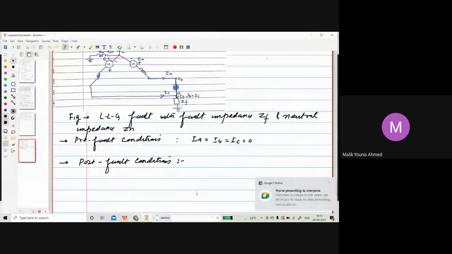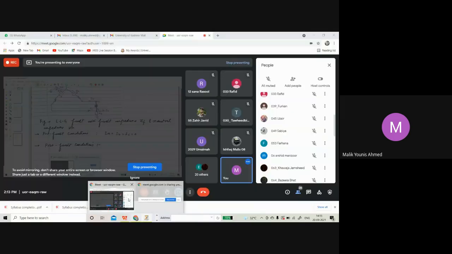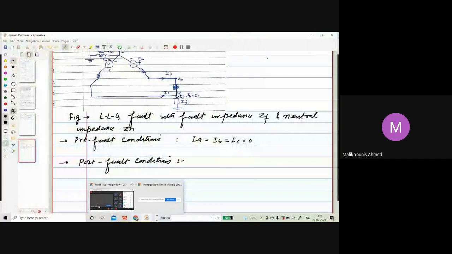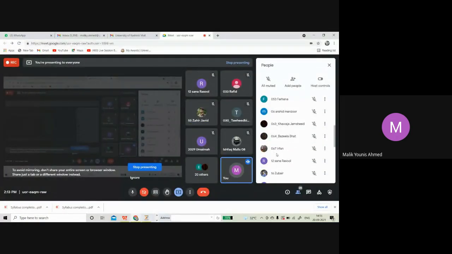Okay. What will be the post-fault conditions? Rutba is there, roll number 27? No, she is not there. Roll number 6, Arshid Manzoor. Delete him.